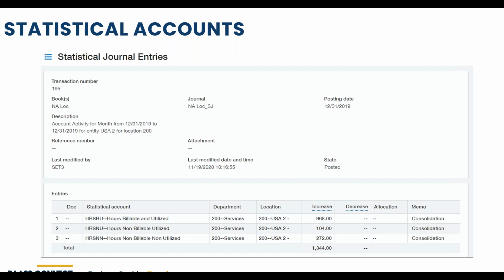Okay, moving on. In addition to your financial accounts, think about the need for statistical accounts. With Sage Intacct, we're able to provide you with the ability to create statistical accounts, headcounts, day visits, hospital visits, and allow you to create journal entries for statistical accounts as well as financial accounts.